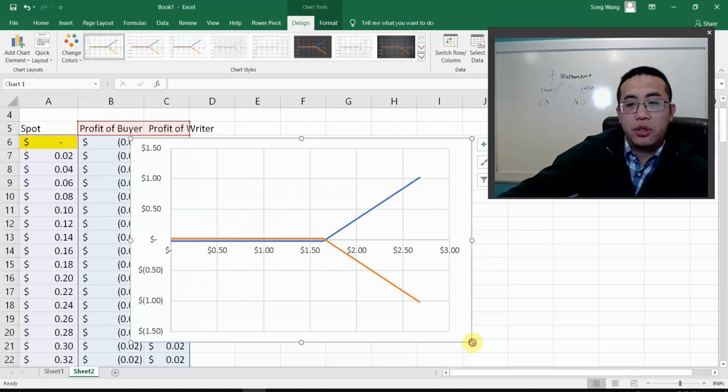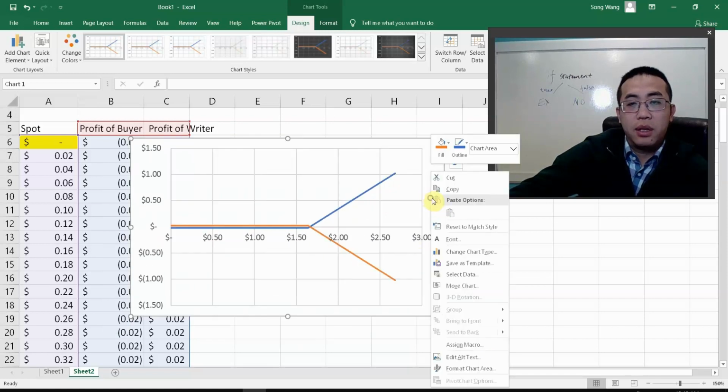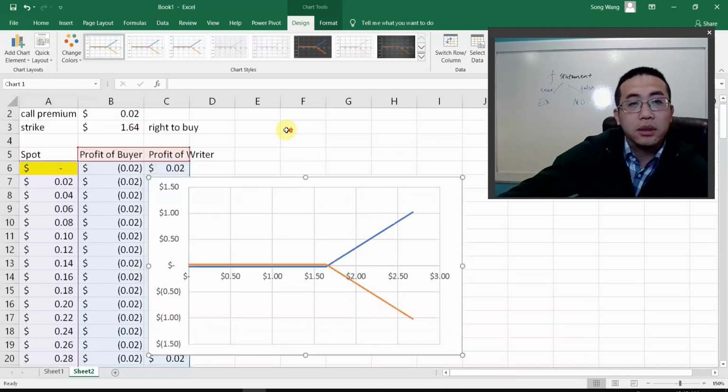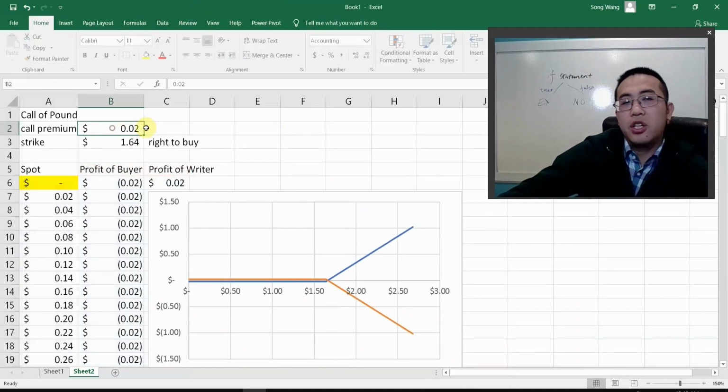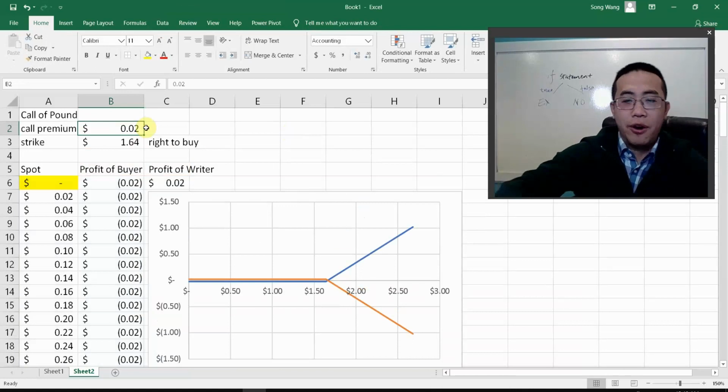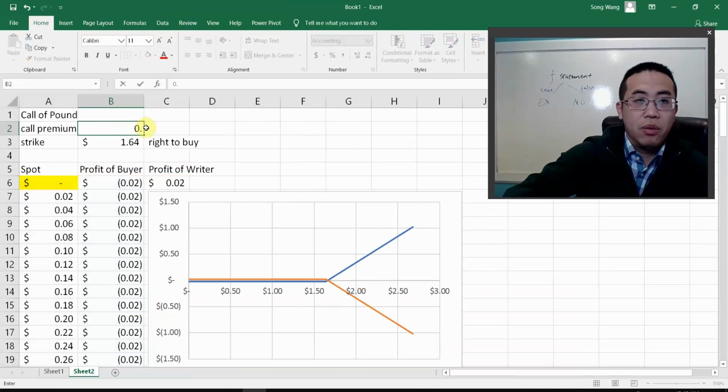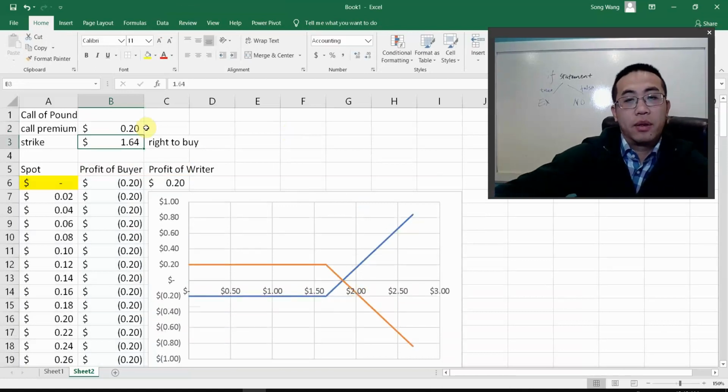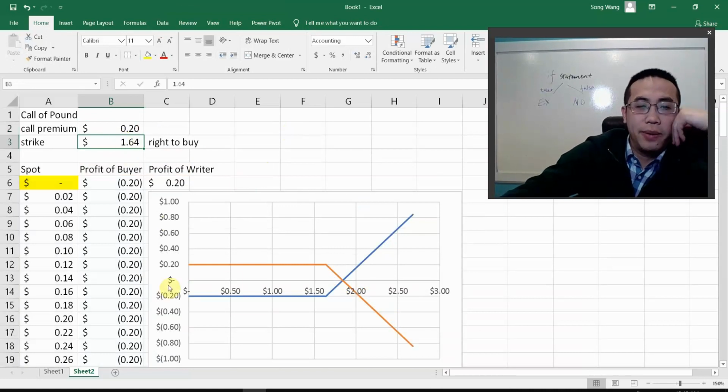So that's basically the premium, positive or negative. Let me just show you what I mean. Let me just make the premium a little bit larger, make it 0.20. Well, now we're talking, right? If I increase the call premium a little bit higher, then the gap will be widened.